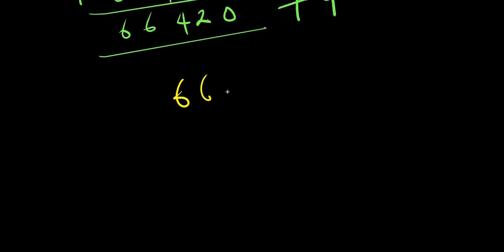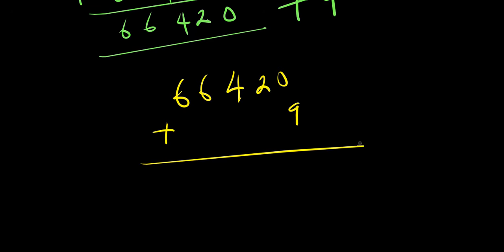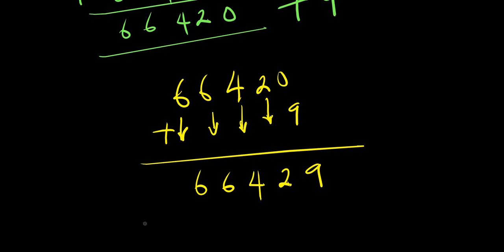The next thing you are going to do is add 9 to this. So we have 66420, then we have plus 9. Now we have 0 plus 9, that is 9. We bring down the 2. We bring down the 4. We bring down the 6. And we also bring down the 6.